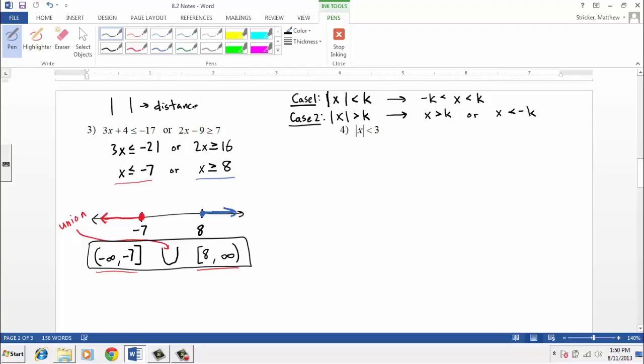It means the distance from 0. And so I'm going to start off with a very basic example, and that is example 4 here. The absolute value of x is less than 3. What it's really saying is the distance has to be less than 3 away from 0.